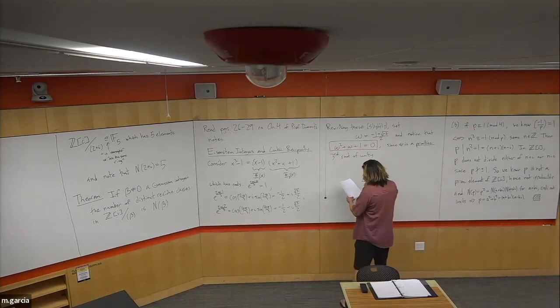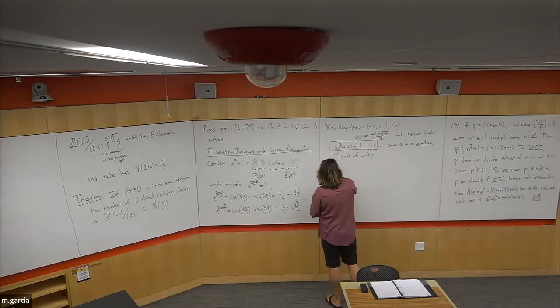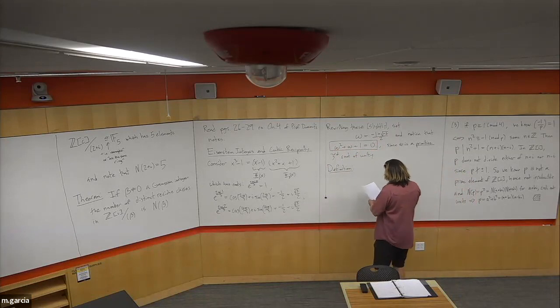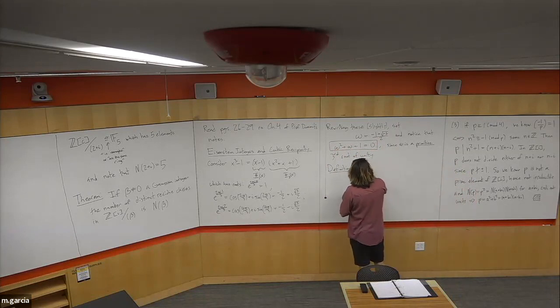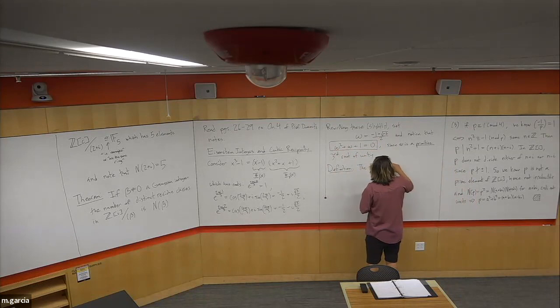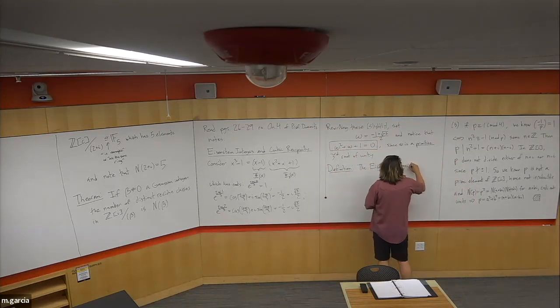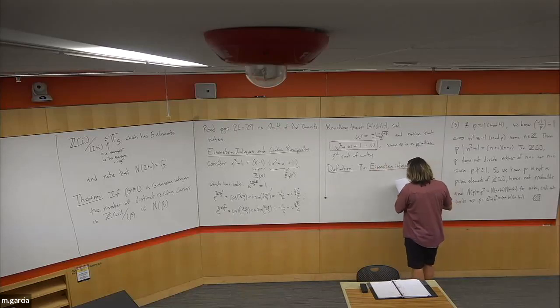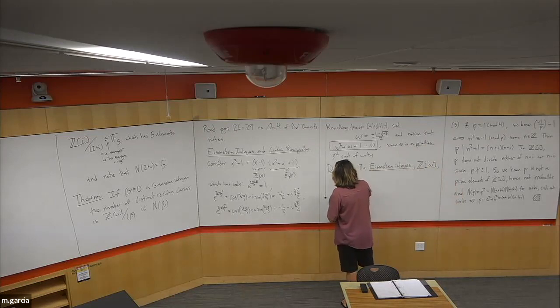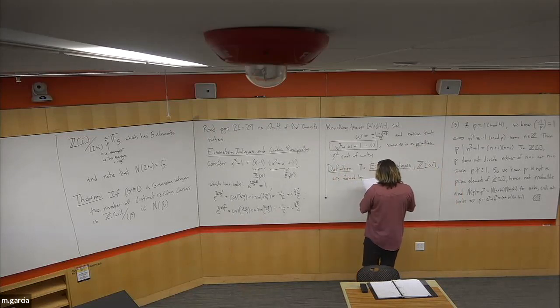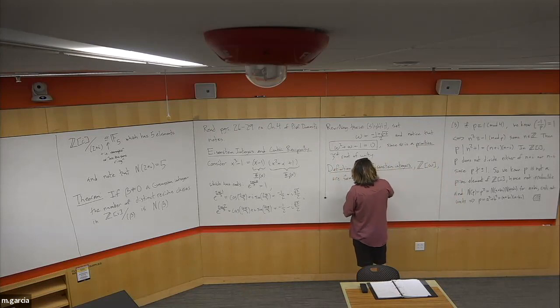So now we can make a definition. The Eisenstein integers, which we denote Z adjoin omega, are formed by the following construction.